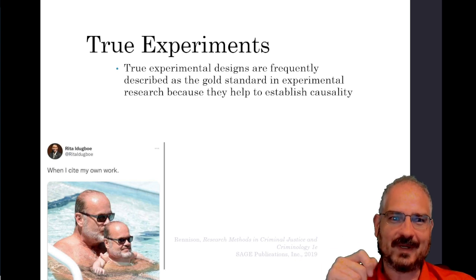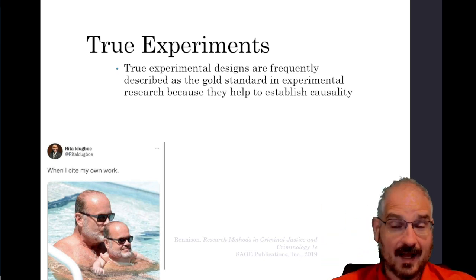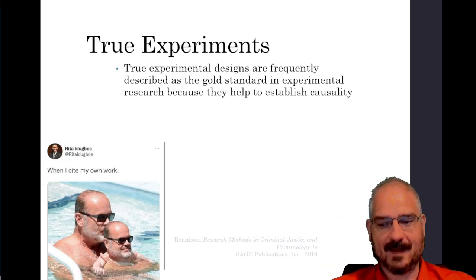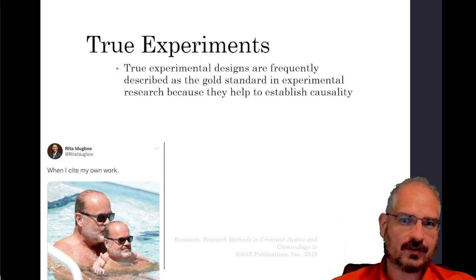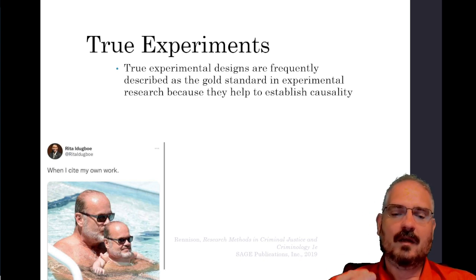So a lot of times we can't do a true experiment, again, either because it's physically impossible or legally impossible or just really expensive and time consuming. So there are alternatives to true experiments that are in many cases almost as good. But we'll talk more about those here in a bit.